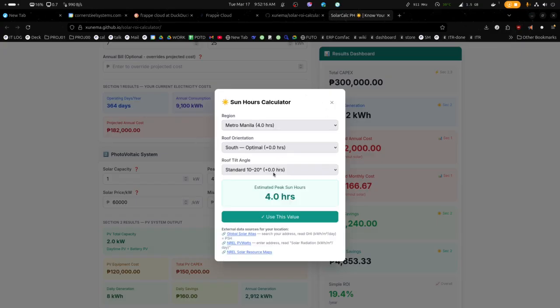And then there's the tilt of the roof, the roof orientation and the tilt angle that you need.